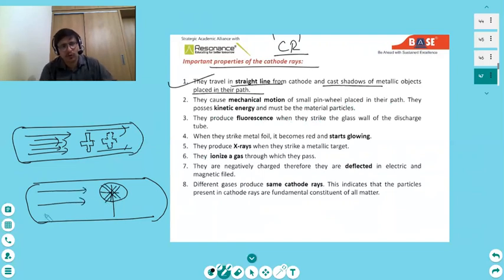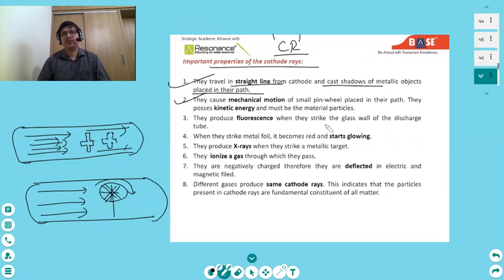So when the cathode ray moves from cathode to anode, the wheel will start rotating, clockwise or anticlockwise, depending on which cathode ray hits first, the bottom one or the top one. This proved that it is material, particle in nature. Particle means it has mass. I have a diagram in the next slide that I will show you.